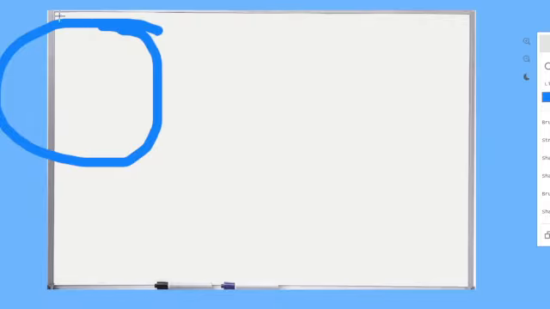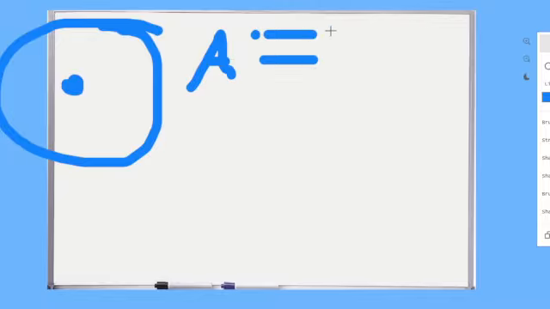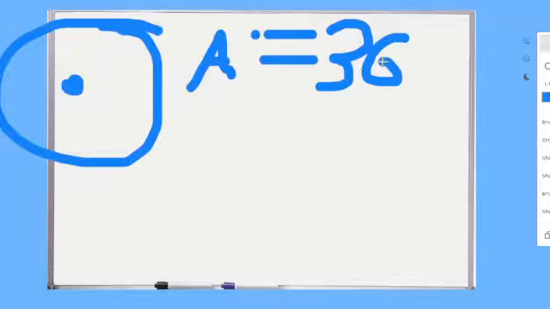Okay, so now there's a circle. The area is 36 pi, and we need to find the formula, okay?